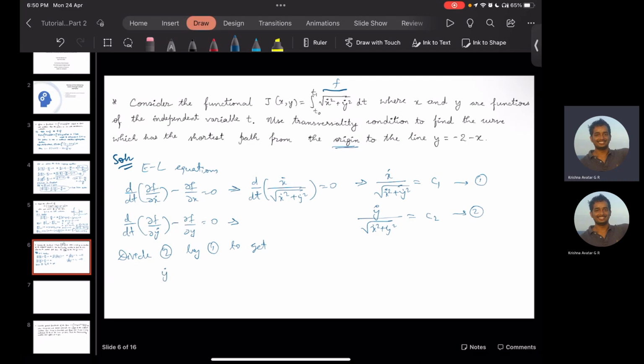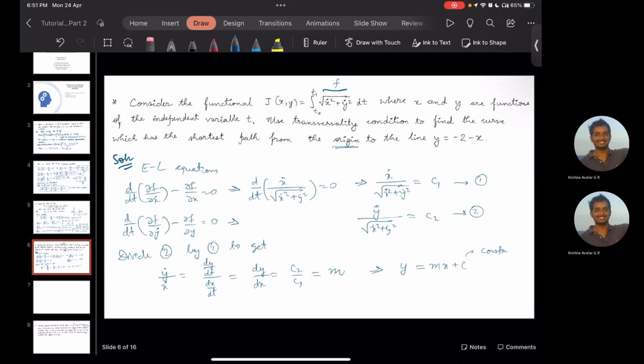To get y dot by x dot, which is dy by dt by dx by dt, is equal to dy by dx, is equal to c2 by c1, right? And let's call this m. And upon solving this, we'll have y is equal to mx plus c. And c here is a constant.